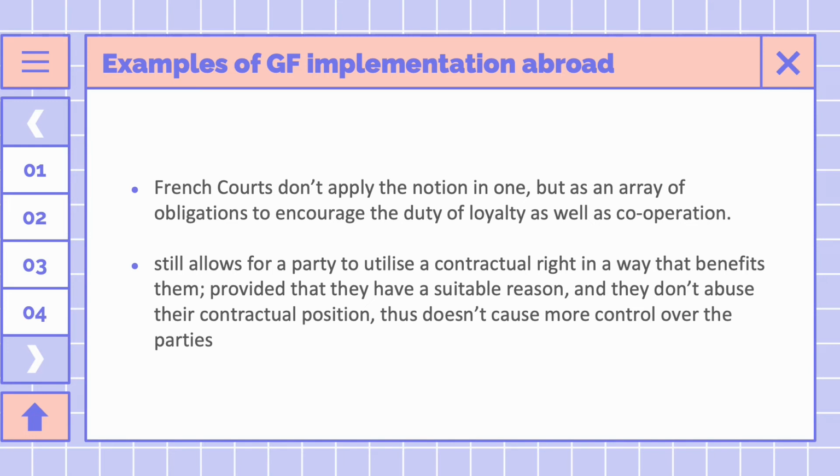This allows parties to utilize their contractual rights in a way that benefits them, while ensuring that they can't abuse their contractual position without a suitable reason. So, unlike what critics claim, France adopting it in this way doesn't mean that parties have less control.